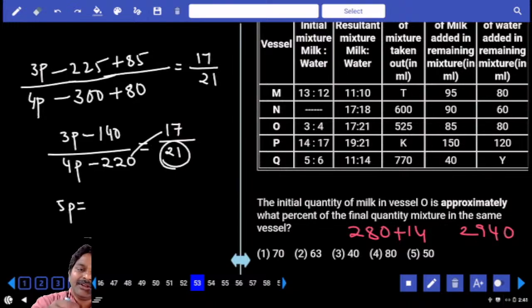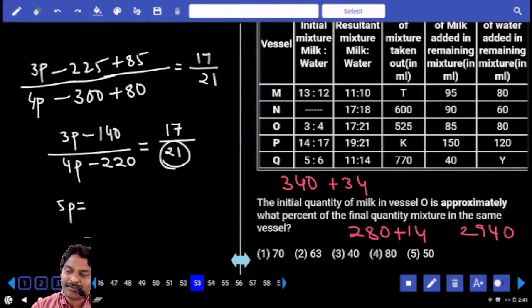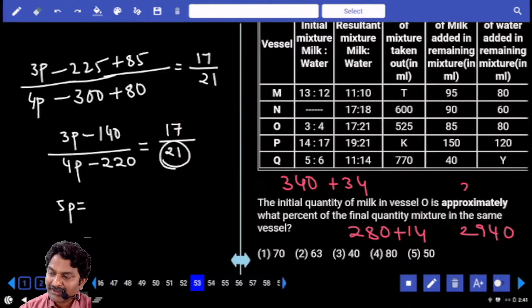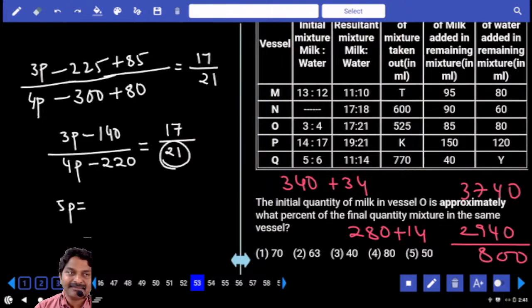Then 17 into 220 times: 17 20 times is 340, 2 times is 34, both together 374, and then a 0. Difference 800. 5 parts is equal to 800. From this, P is equal to 160.